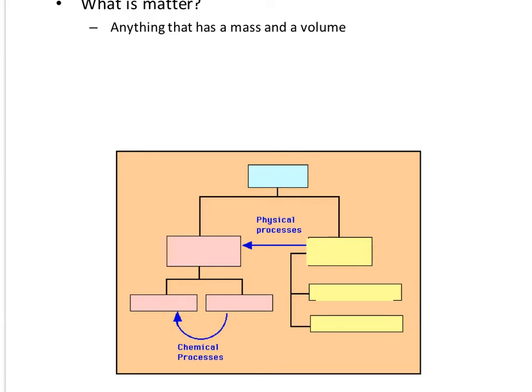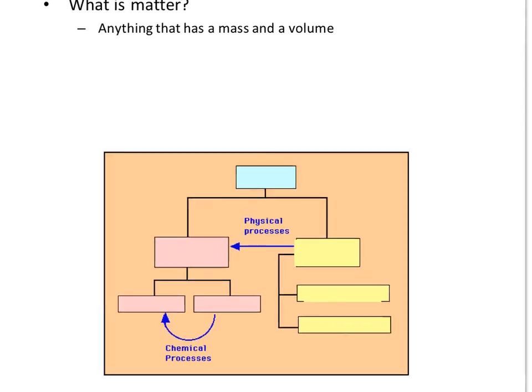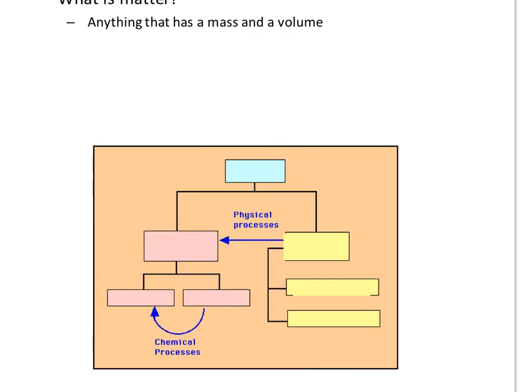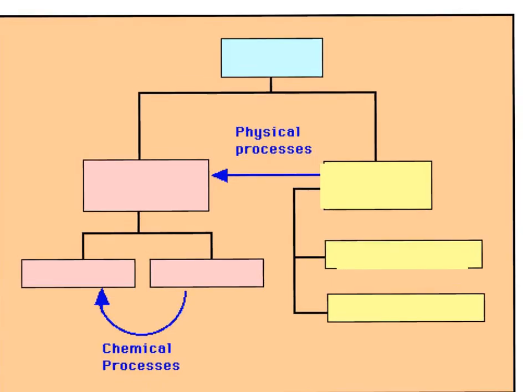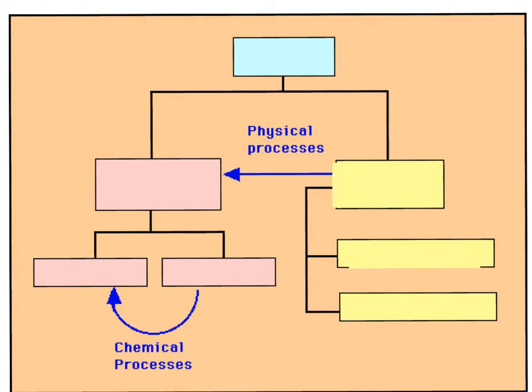So when we talk about matter, what we're in fact talking about is something that can be divided into two categories. Up here at the top, we have matter, and when matter breaks down, we have two ways that it can go. Over here on the left are pure substances.